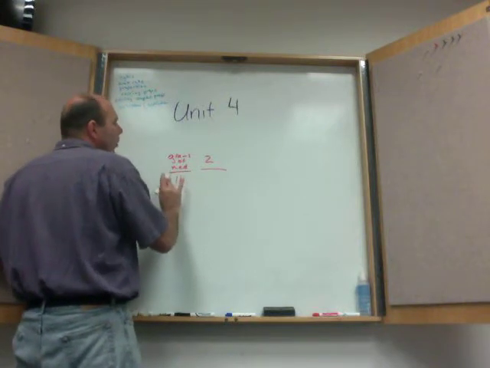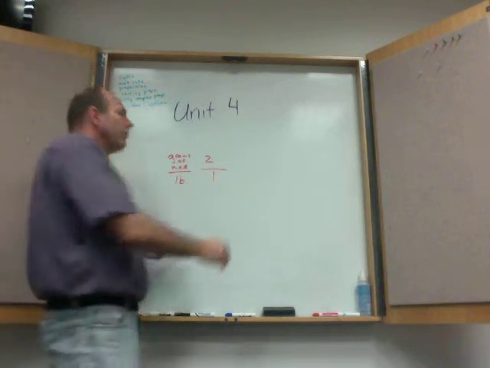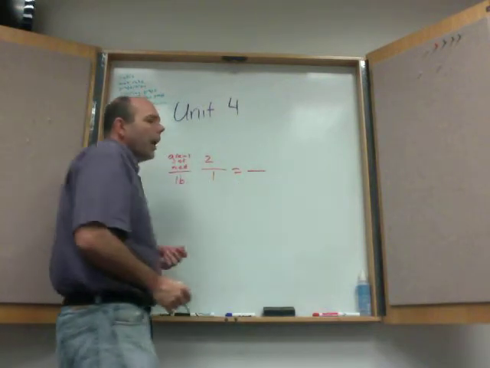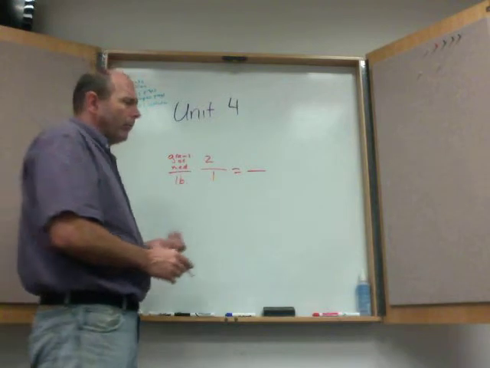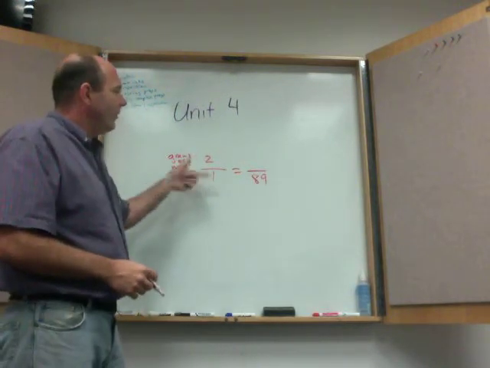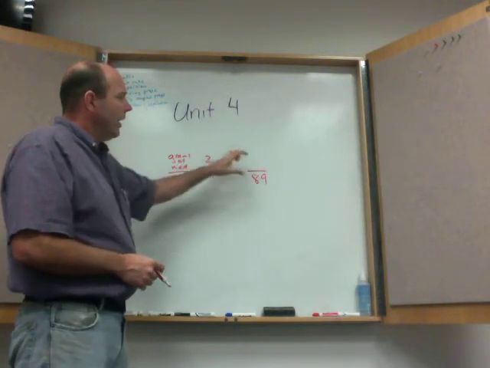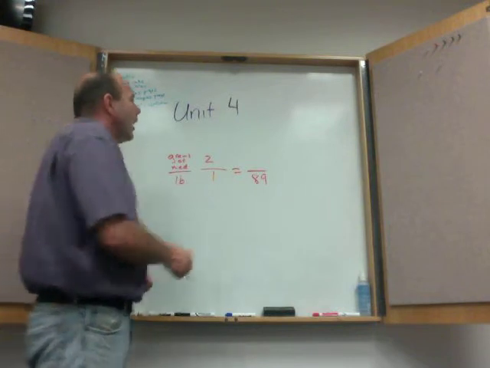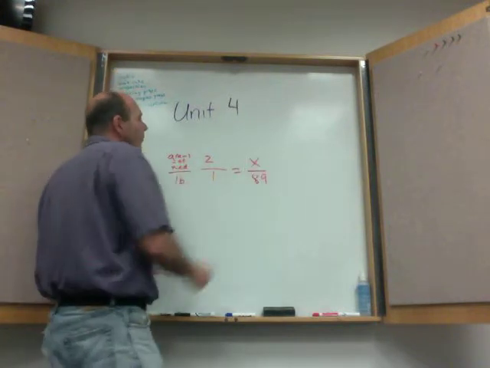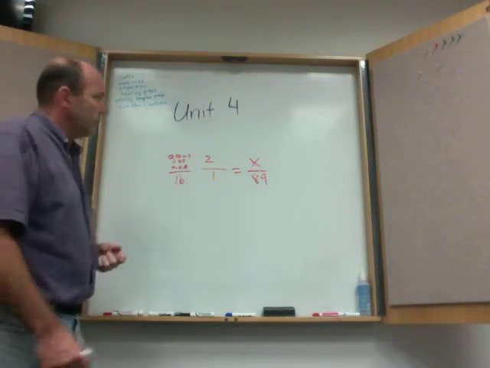So 2 grams for 1 pound, and you happen to be 89 pounds. All I do is I set this up as equal ratios, and that gives me a proportion. And now I have to just figure out how many grams of this medication do I need to get.